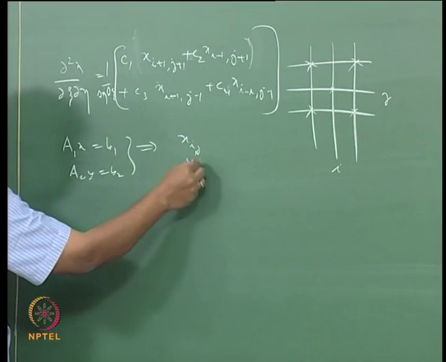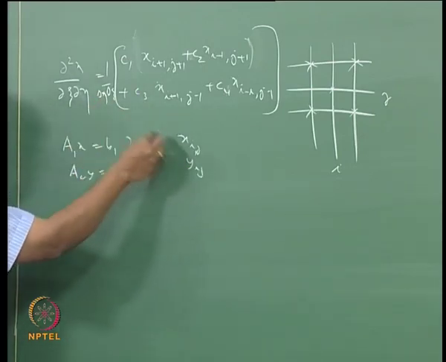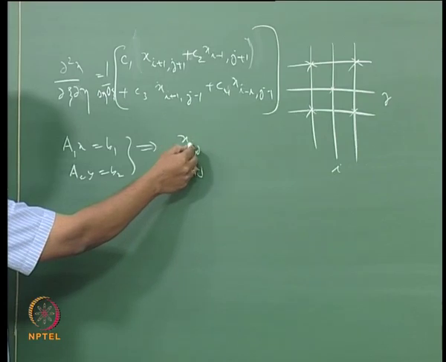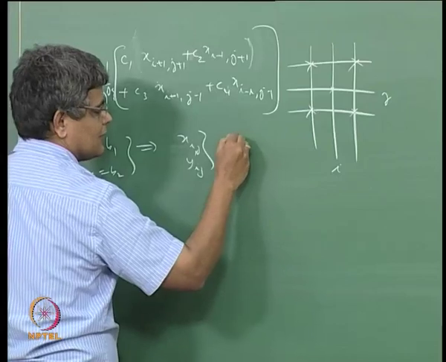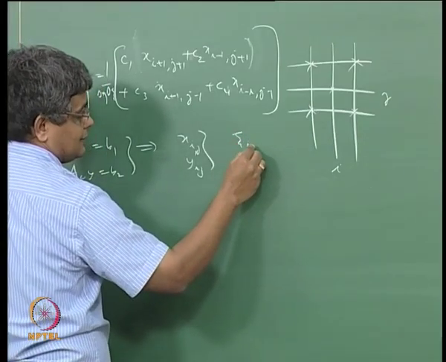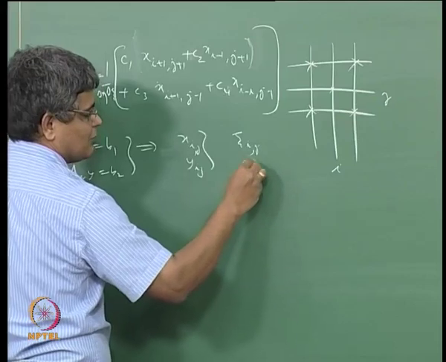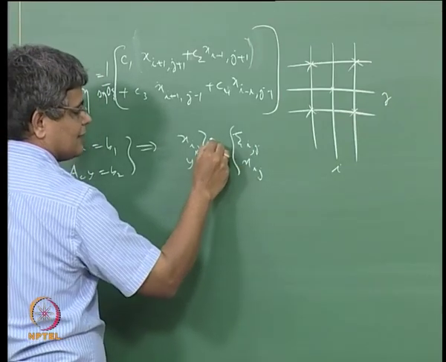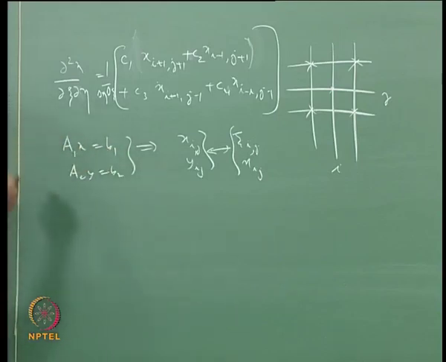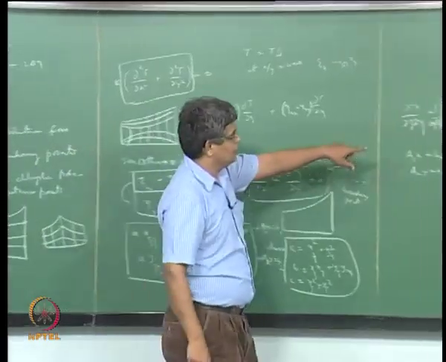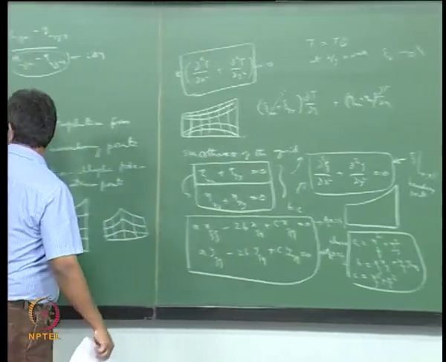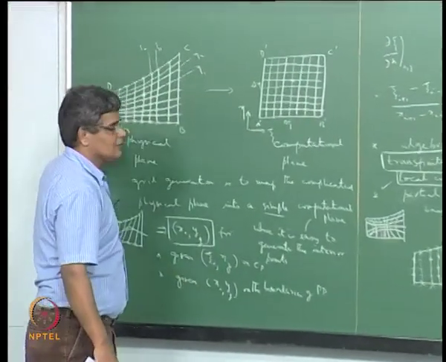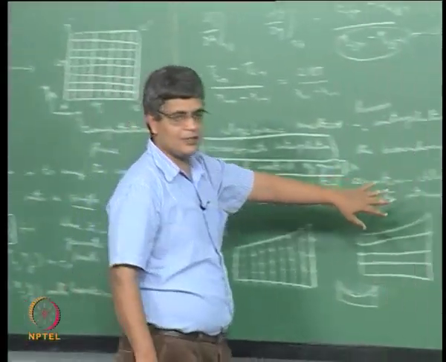So these xij, yij correspond to the psi ij and eta ij point. So there is a correspondence between this and this, which comes as part of the solution of these two equations for known interior points in the computational plane, with the boundary points x and y forming the boundary conditions for these two elliptic equations.